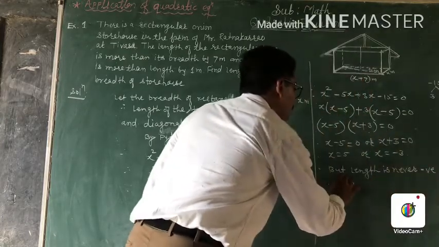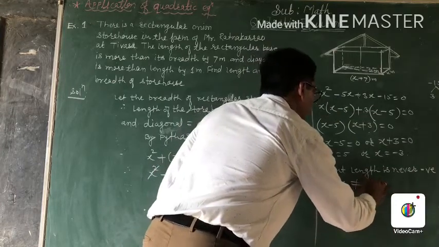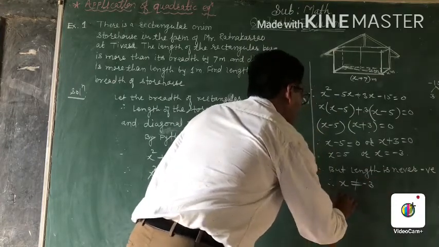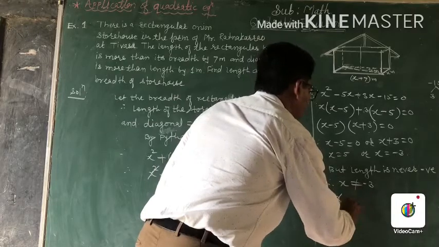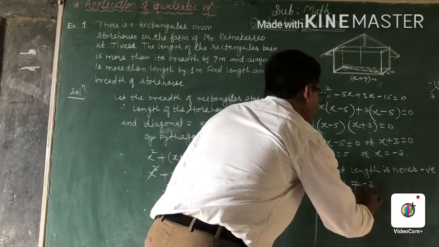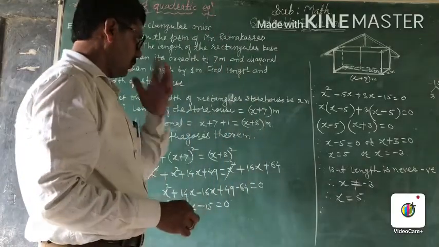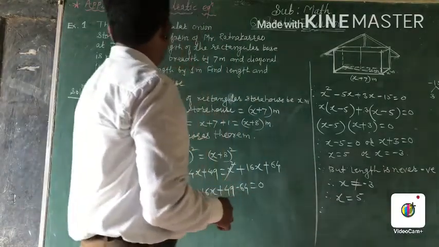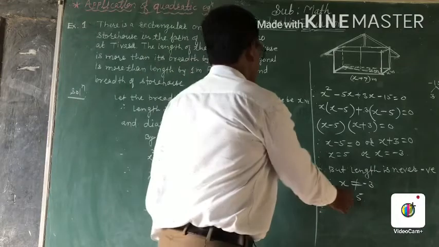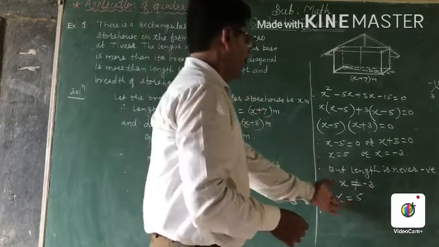Therefore, x is not equal to minus 3. Therefore, x is equal to plus 5. And therefore, here the breadth x is equal to 5 meter.